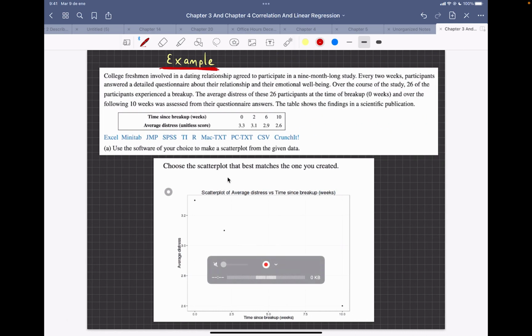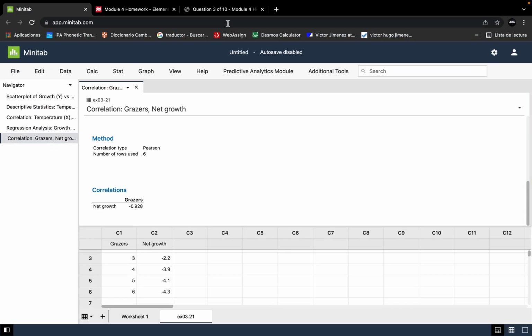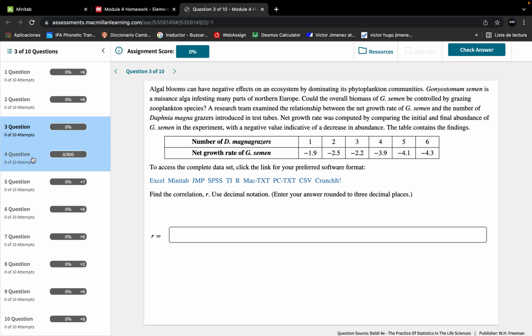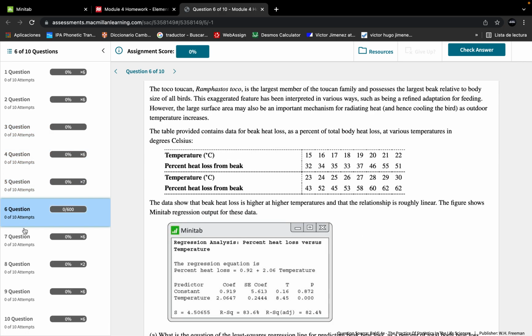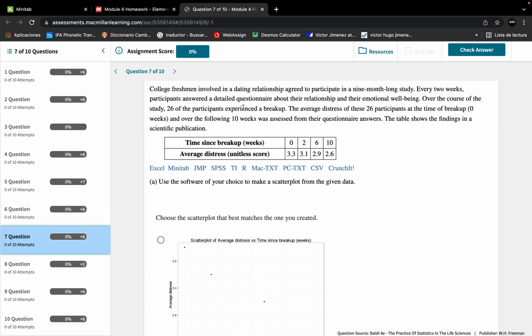This one is about college freshmen. Again, it's another one in your homework. Let's look for it. College freshmen involved in a dating relationship agreed to participate in a 9-month-long study. Every 2 weeks, participants answered a detailed questionnaire about the relationship and their emotional well-being.